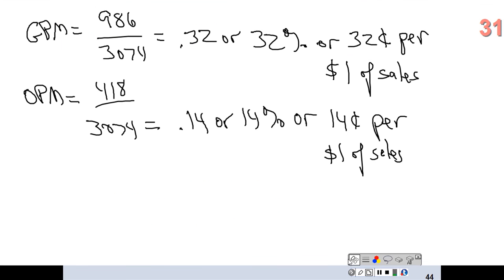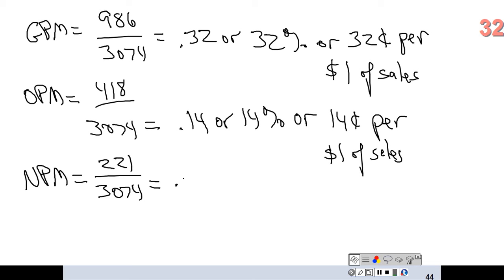And so for our company here, the net profit margin, earnings available to common stockholders are 221. Divided by sales of 3,074. So this equals how much? 0.07.